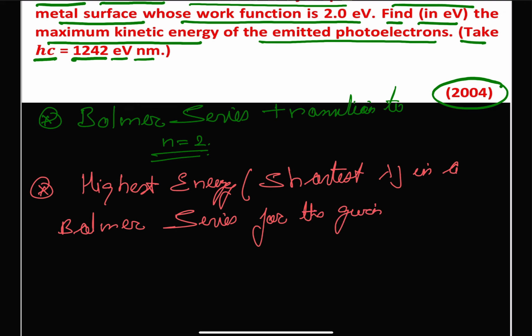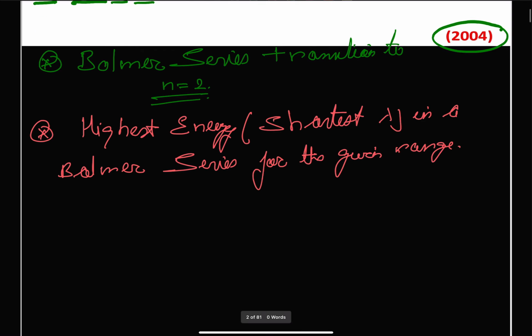For the given range the transition, we already know the lowest is n equal to 2, so we are going to find out the highest one.